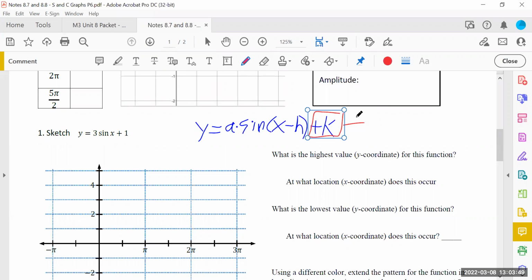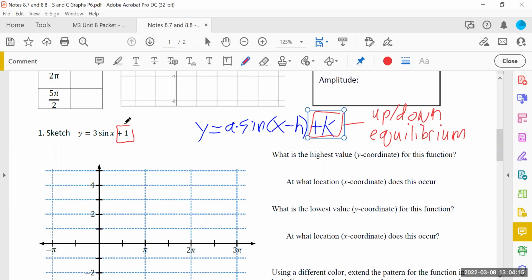So this k shifts up and down, but it's also our equilibrium line. It's that center line for the graph. On this graph, everybody sees the +1 out there, right? It's not in parentheses, so we're assuming it's outside of sine.